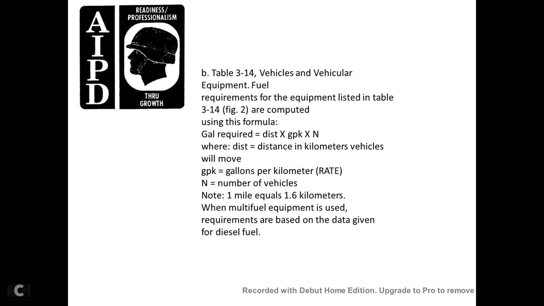JP4 fuel. Table 3-14, vehicle or equipment fuels. Requirements for the equipment listed on Table 3-14 are computed using the formula: gallons required equals distance times gallons per kilometer times the number of vehicles, where the distance is equal to the kilometers the vehicles will move.